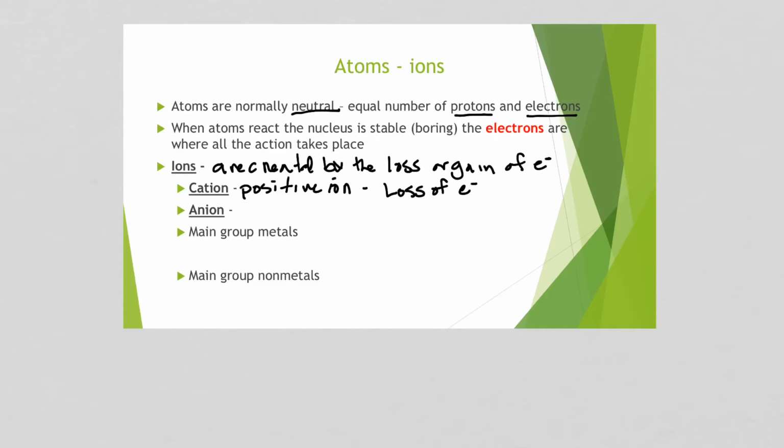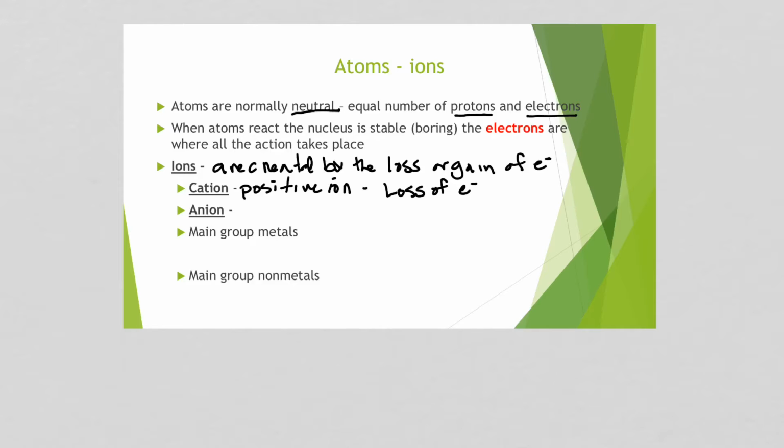So for every electron that is lost, the ion takes on a positive charge. So if we lose one electron, we create an ion that has a positive 1 charge. If we lose 2 electrons, we create one that has a positive 2 charge.